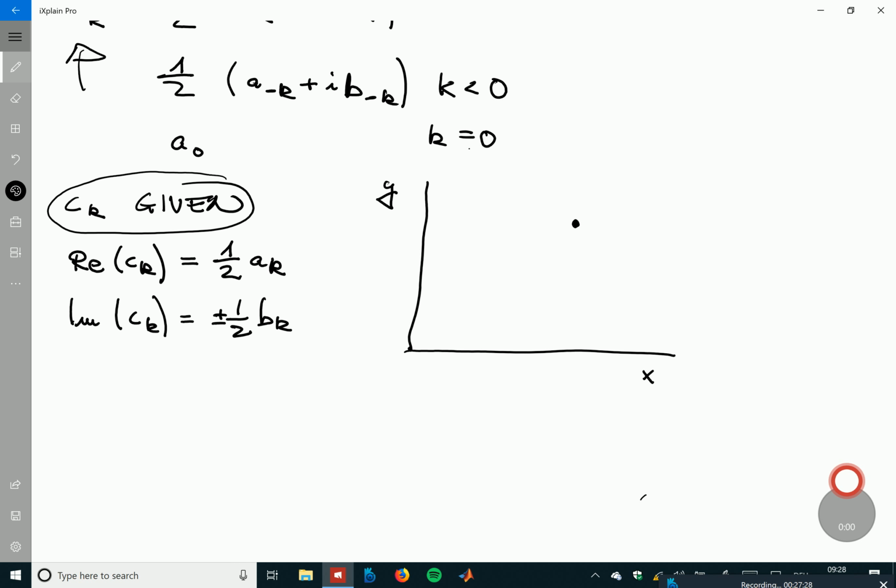We can now also call these axes the real and the imaginary axis. This is completely equivalent because we have this bijective mapping.